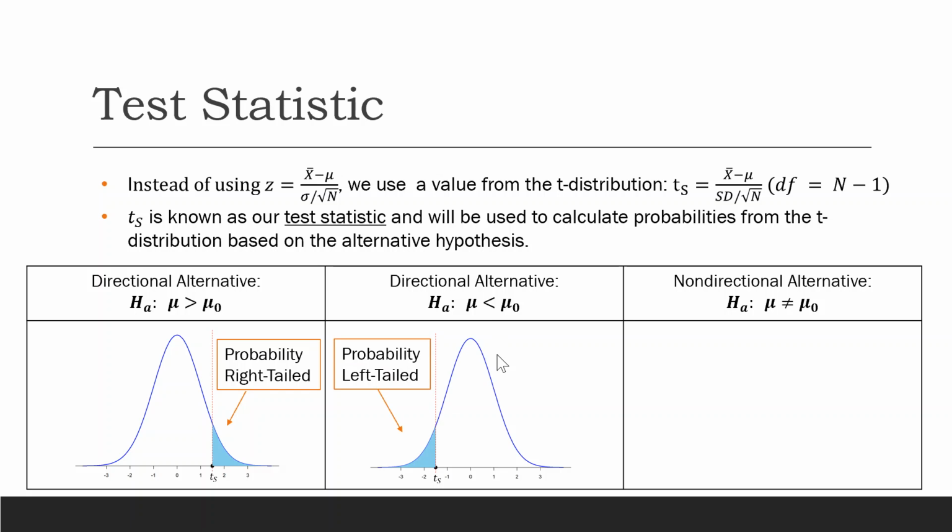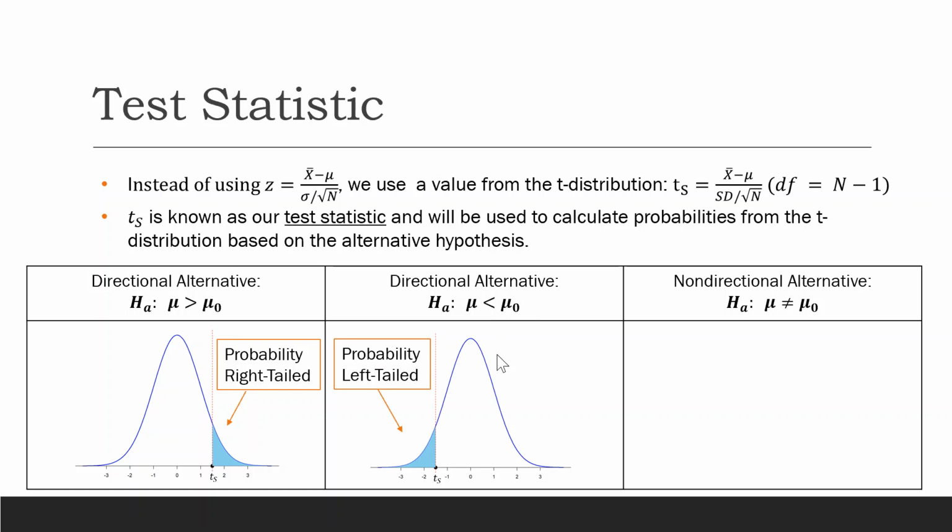Okay? Now, when I have a non-directional alternative, we're just interested in our population mean not equaling a certain value. And so when I get my test statistic, I'm not just going to look at one side of that distribution. I'm going to have to look at both sides or both tails of that distribution.